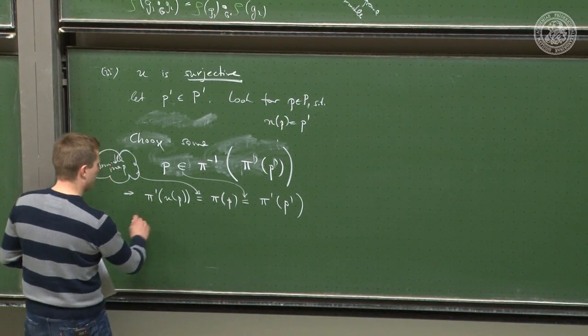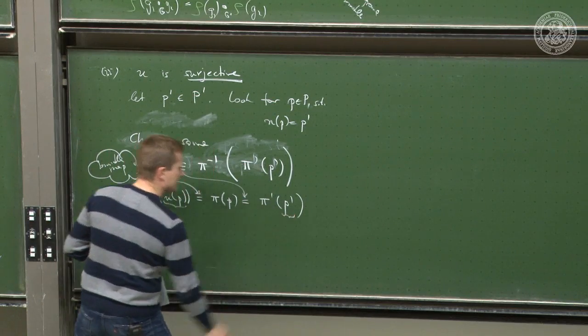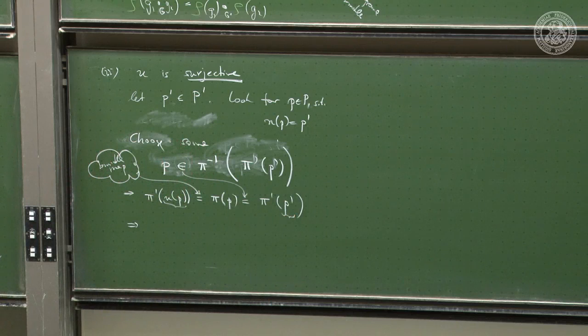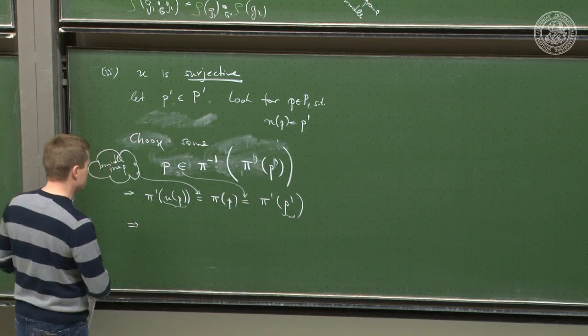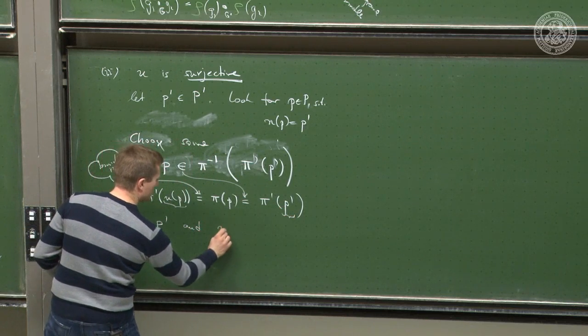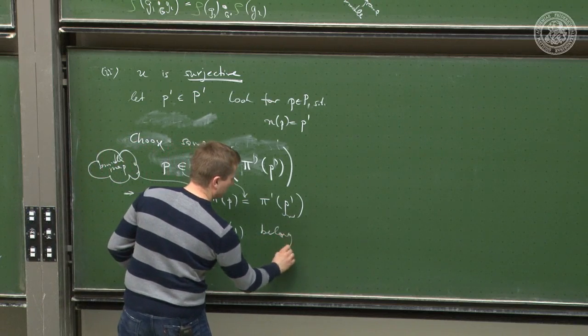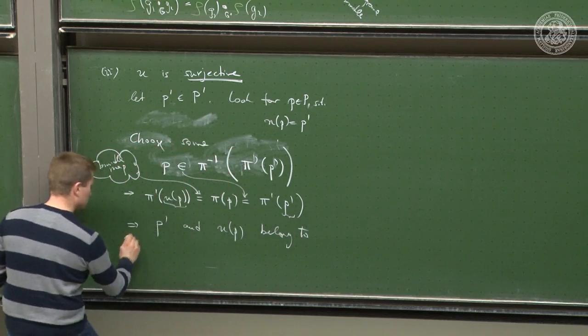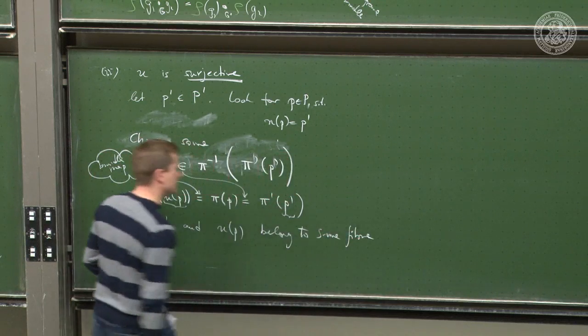So this is certainly the case. And therefore, it follows that this point and this point are mapped to the same base point, because the pi prime maps them to the same base point. That means that p prime and u of p belong to the same fiber.